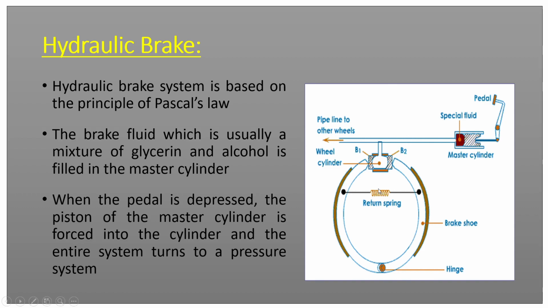The pressure is uniformly distributed and reaches the fluid in the wheel cylinder, and that helps the brake shoes to expand. The brake shoe comes in contact with the brake disc, and it will stop rotating. So this is how a hydraulic brake works, and how a normal mechanical brake works.